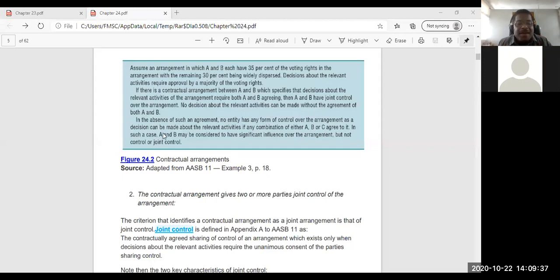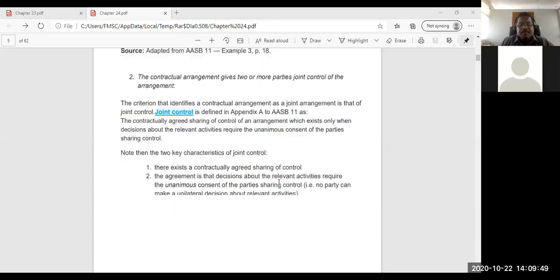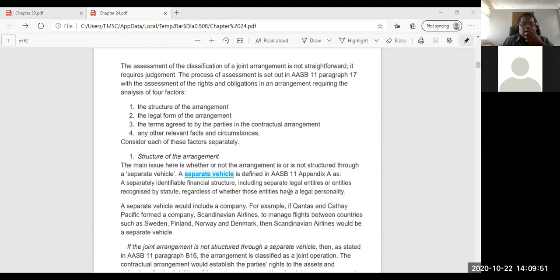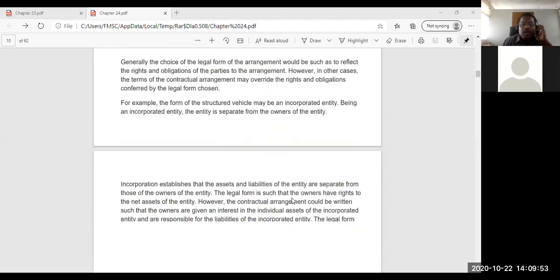A has significant influence, B has significant influence, even C has significant influence. Associate. Is it clear? Right. We'll go to example 2.41.